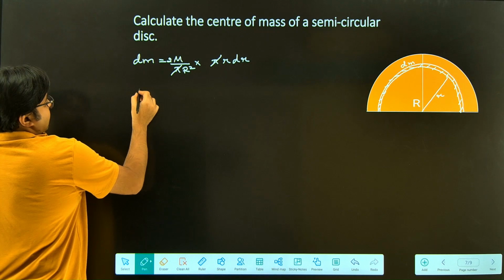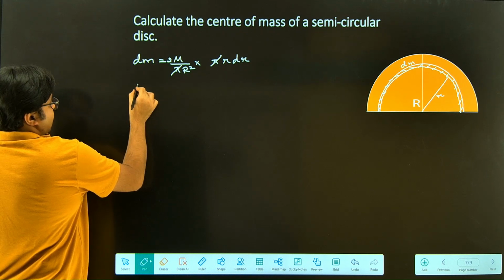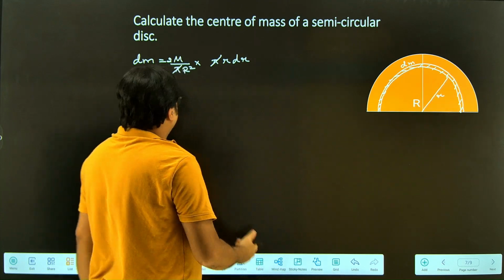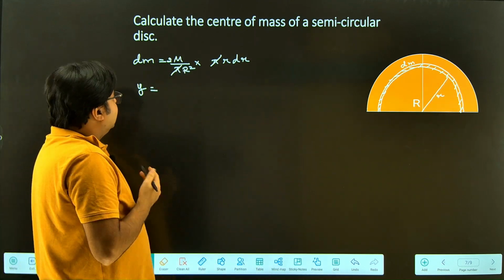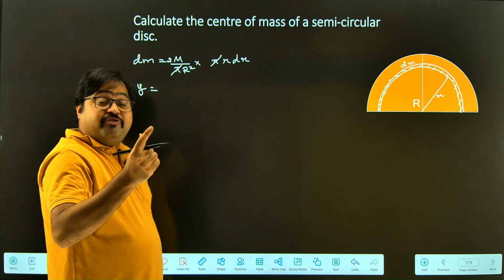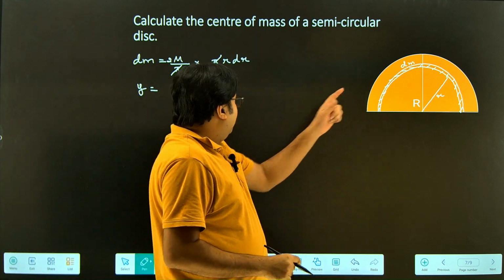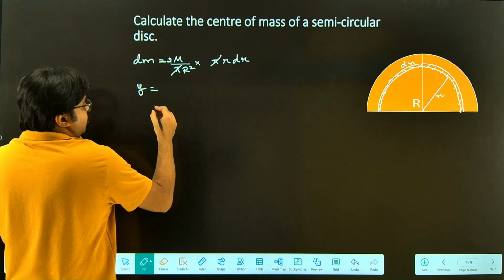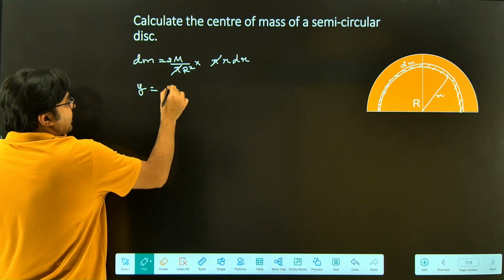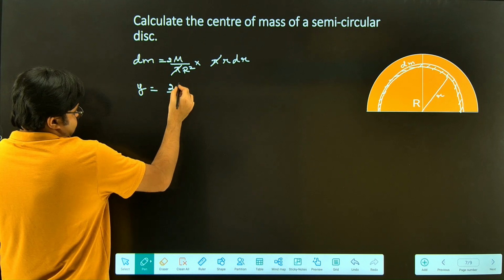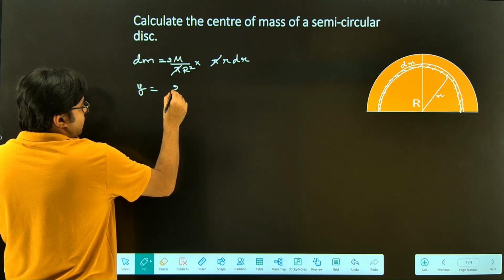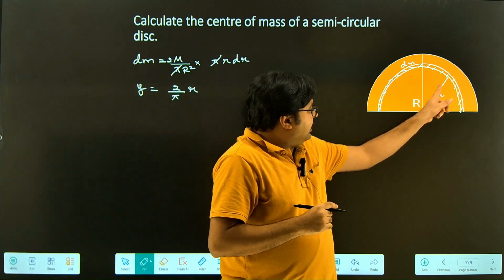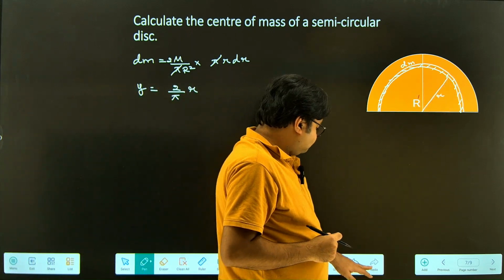Then we have the y coordinate of this elemental ring, because we will need that. We know the formula. We will need both y and dm in order to integrate. From the previous result, we know that the y coordinate of the center of mass of a semicircular disk essentially is 2 by pi times r, where r is the radius of that ring.